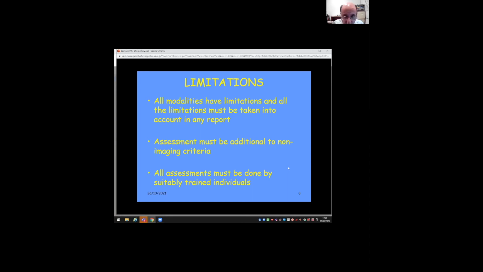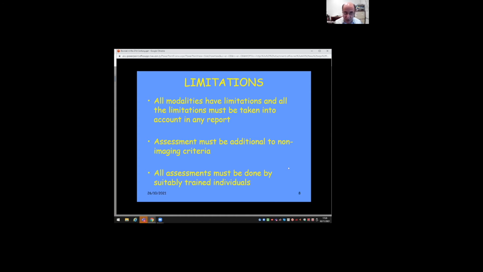The modern tendency, I don't know if any medical students are listening, is to use CT, ultrasound, and imaging to solve the problem without examining the patient, without thinking about why you're doing it.